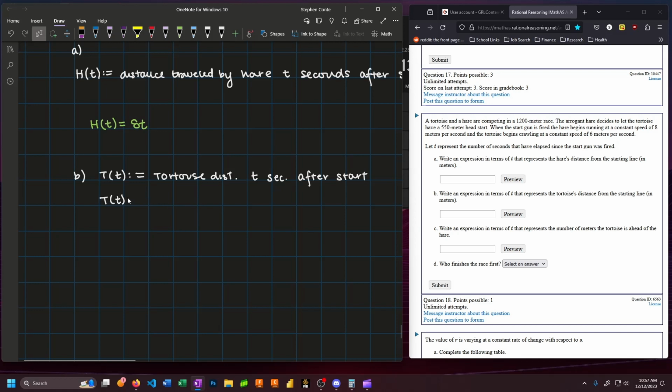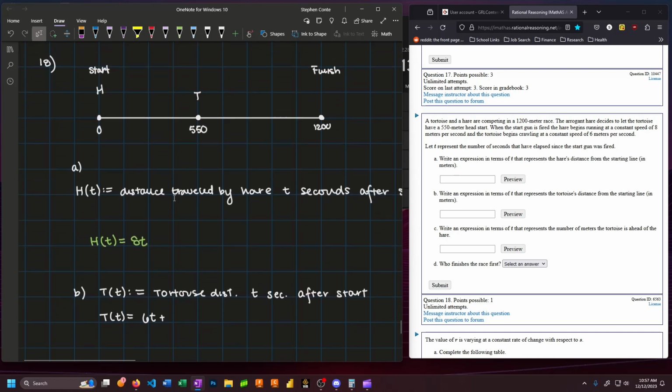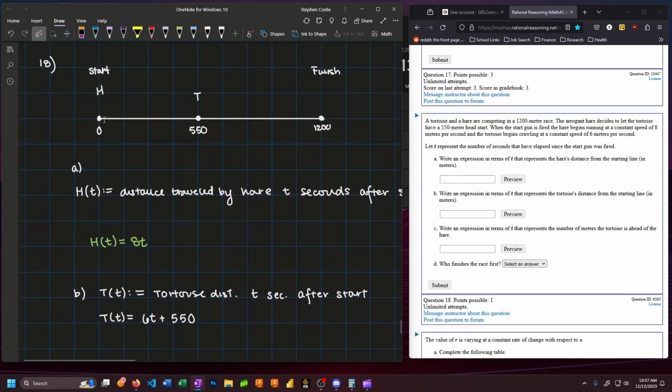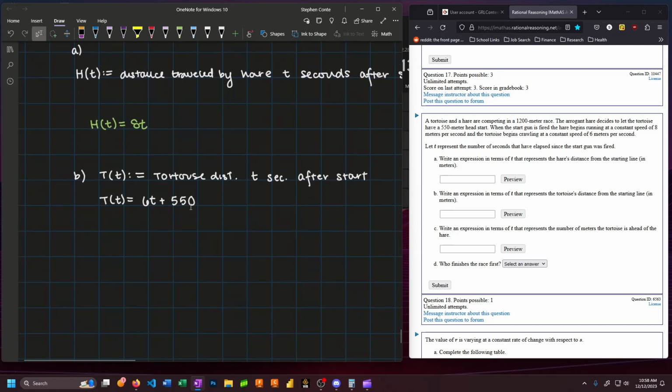We know that the rate that the tortoise crawls at is 6 meters per second. So 6t, but the tortoise starts 550 meters into the race already. So this is 6t plus 550. Because if I just had 6t here, that would imply that the tortoise is starting at 0, but he's not, because his starting point is at 550 meters into the race. So it's 550, which is his initial starting point, plus whatever distance he travels after that.